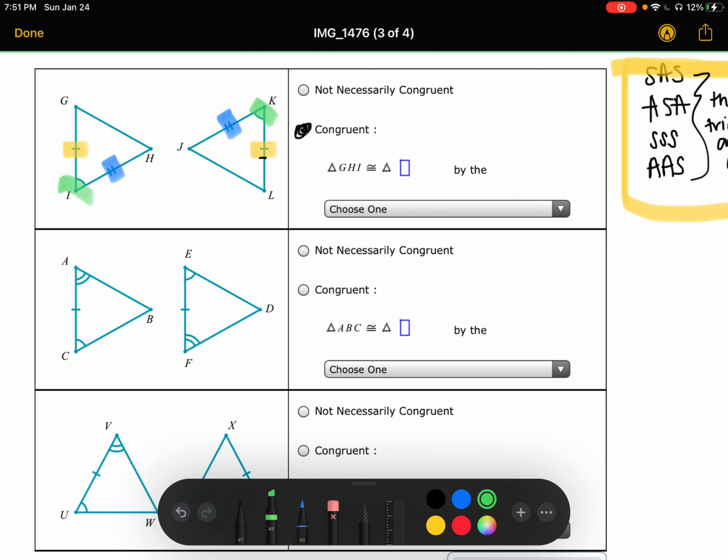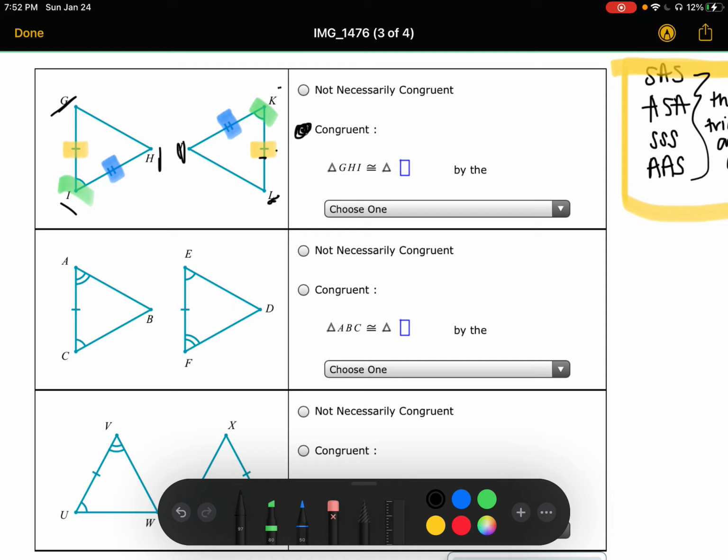So side G, side H, and then side I is going to be equal to what? So you're going to say, okay, well, that is next to this yellow one, right? And then it goes to the side closer to the blue, and then it goes to the angle.